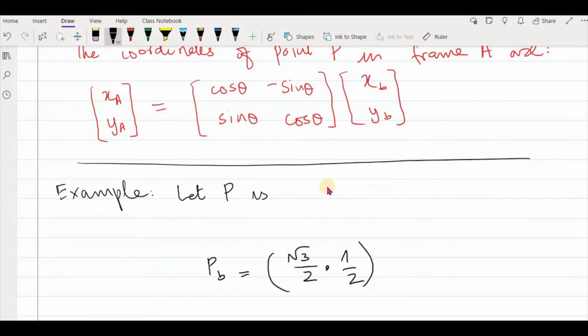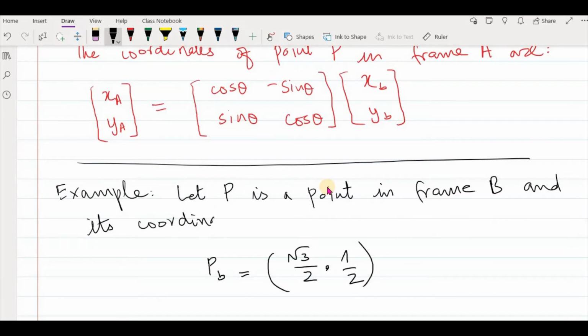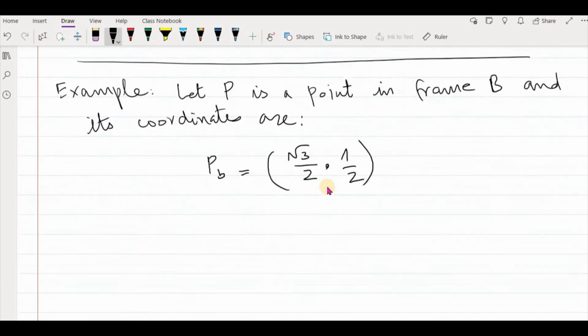That P is a point in frame B and its coordinates are these.